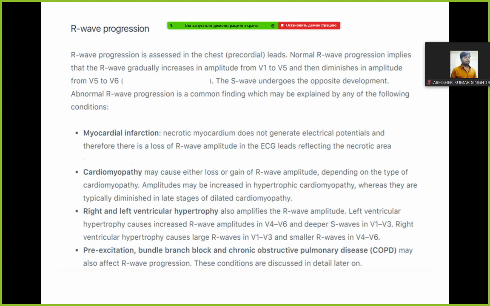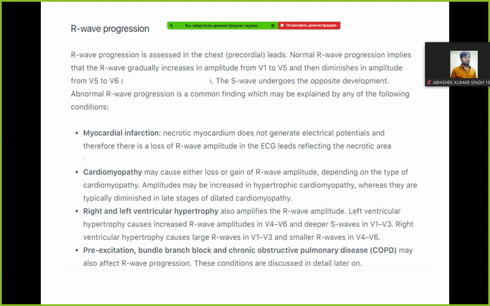Cardiomyopathy may cause either loss or gain of R wave amplitude depending on the type of cardiomyopathy. Amplitudes may be increased in hypertrophic cardiomyopathy, whereas they are typically diminished in late stages of dilated cardiomyopathy.